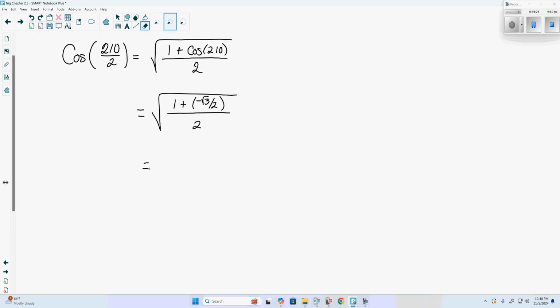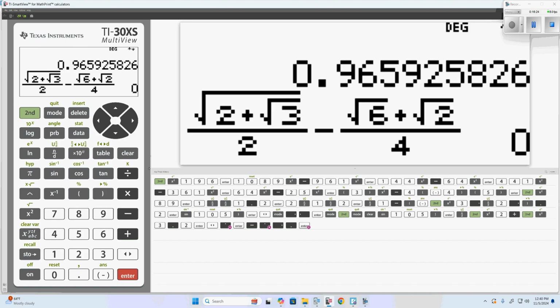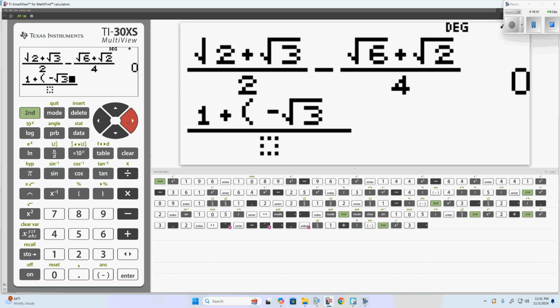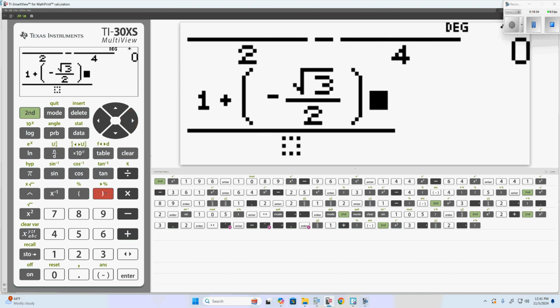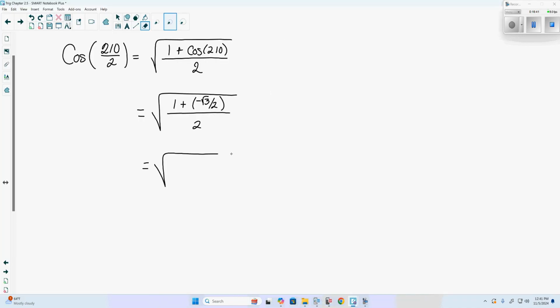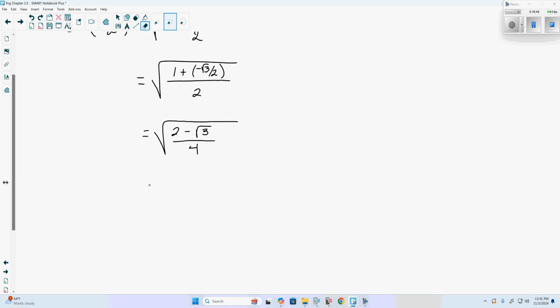So that tells us we can calculate what's inside. 1 plus, parentheses, negative square root 3 over 2, all over 2 is 2 minus the square root of 3 over 4. And just like the last one, we can't take the square root of the top, but the square root of 4 is 2.